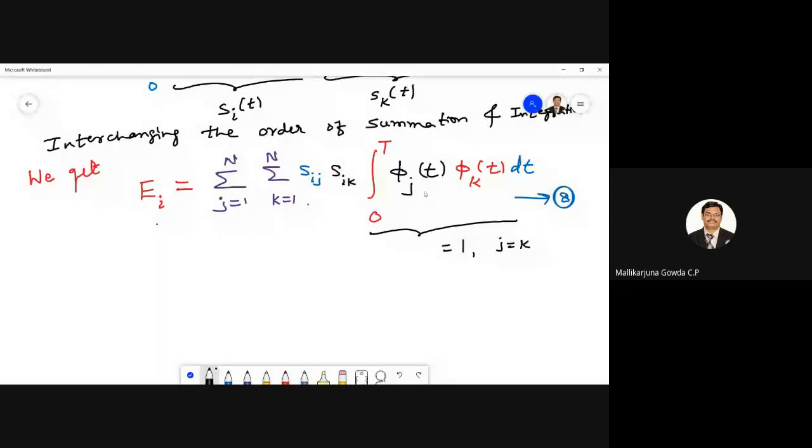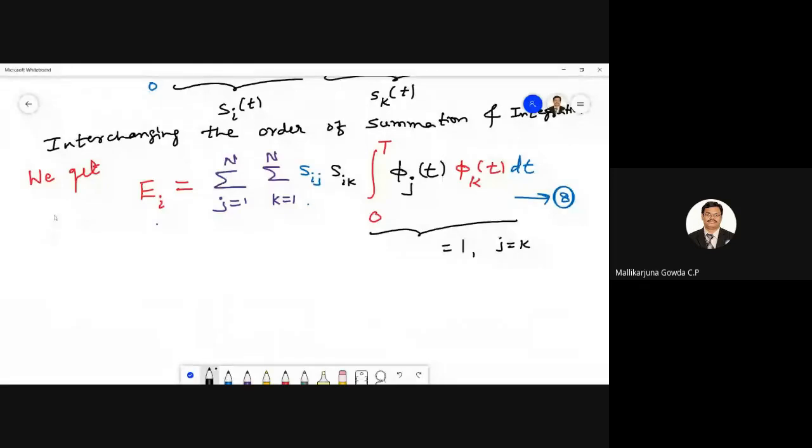Then we say it is orthogonal. Hope this point is there in your mind. Integral 0 to t phi j of t into phi k of t into dt is equal to 1 when j equals k, to say they have unit energy, and it will be 0 when j is not equal to k.